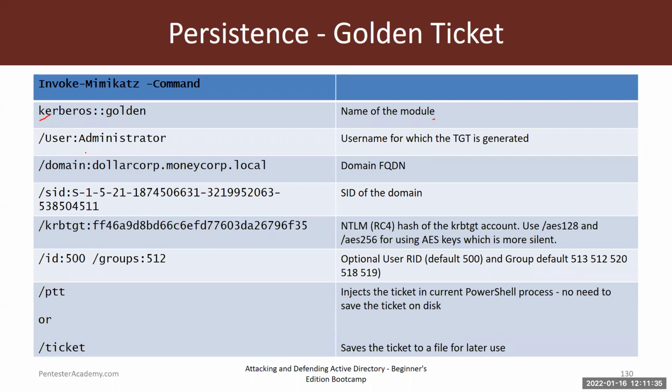You would definitely be detected. So don't use that. Also, please keep in mind that the user that you specify here matches the RID that is specified here. By default, Mimikatz picks 500. So if you are specifying any other user here, then make sure that the ID matches.